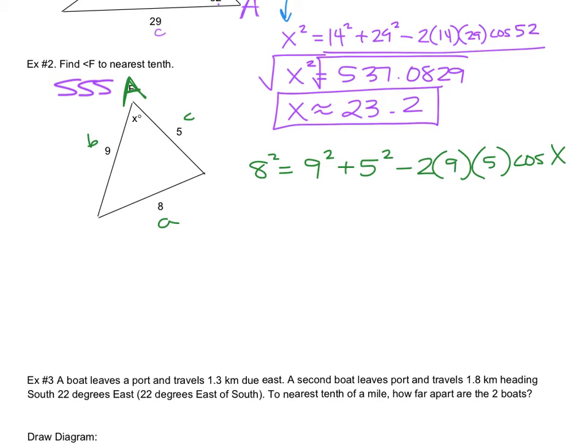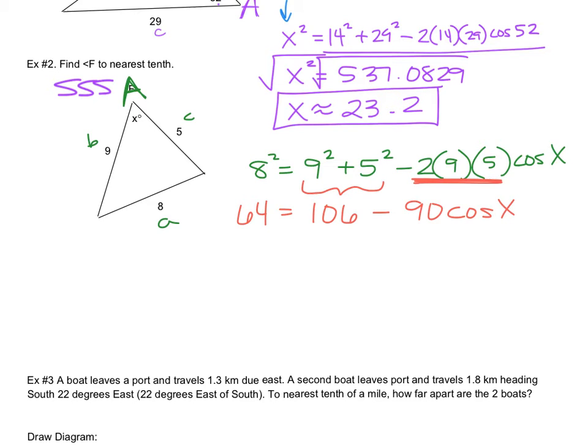Well, we can't quite do that because of what we have here. So here's what I recommend. 8 squared we know is 64. You can do these two together, 9 squared plus 5 squared is 106. And we can simplify this to some number. 2 times 9 times 5 is 90 cosine x.